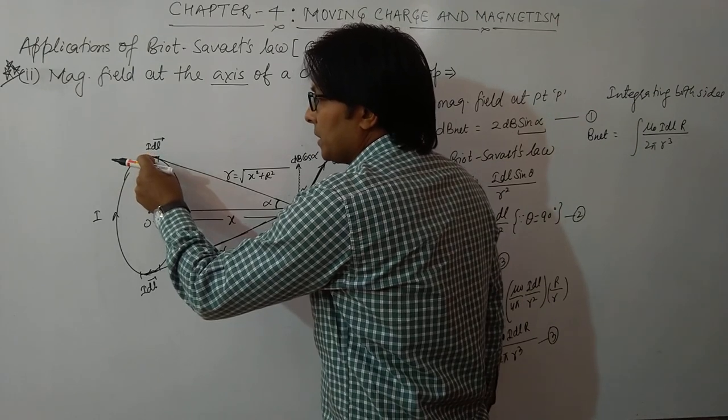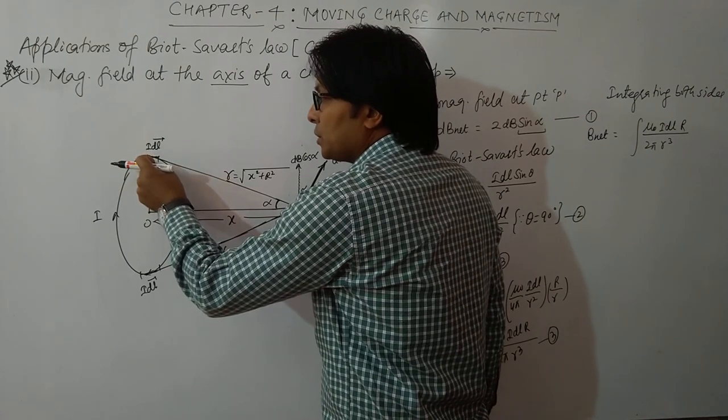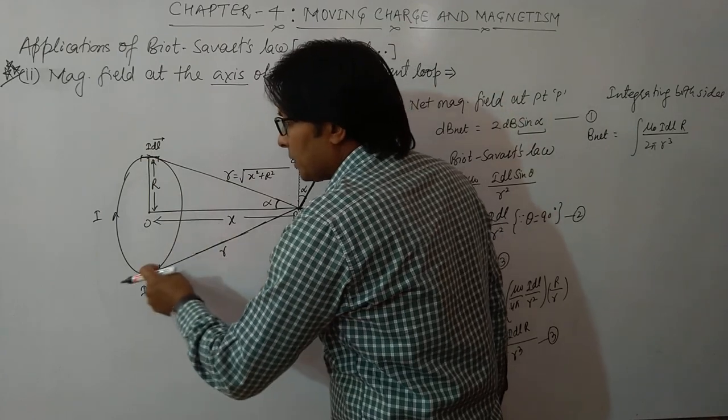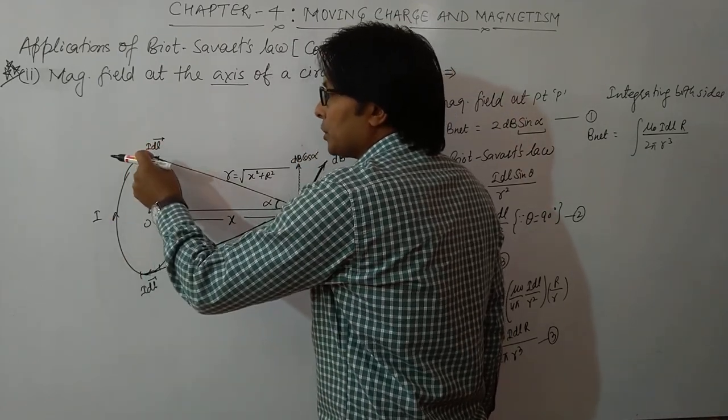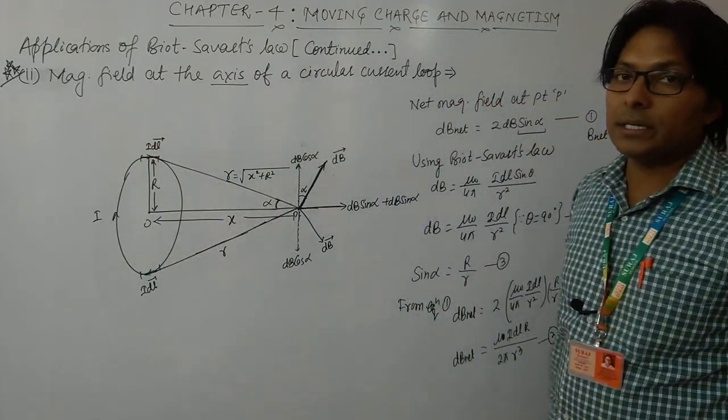Suppose we have started from here, so L is equal to 0 here, and once we complete the circular loop, one revolution, it will become 2 pi r.